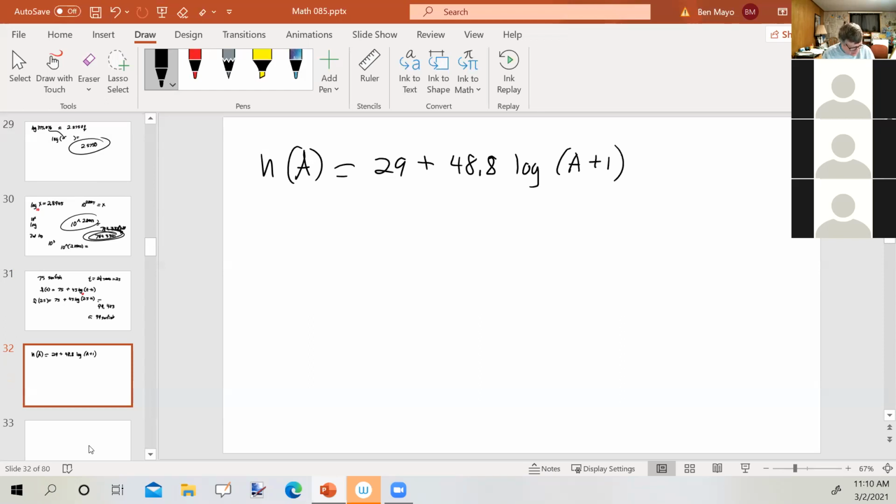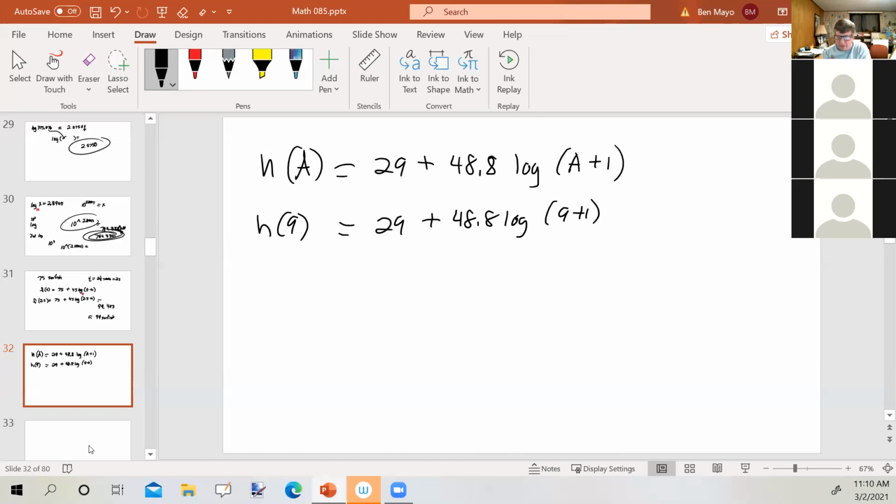If a boy is 9 years old, what percent of his adult height will he have reached? So we want to find h of 9. So we're going to get 29 plus 48.8 log of 9 plus 1.